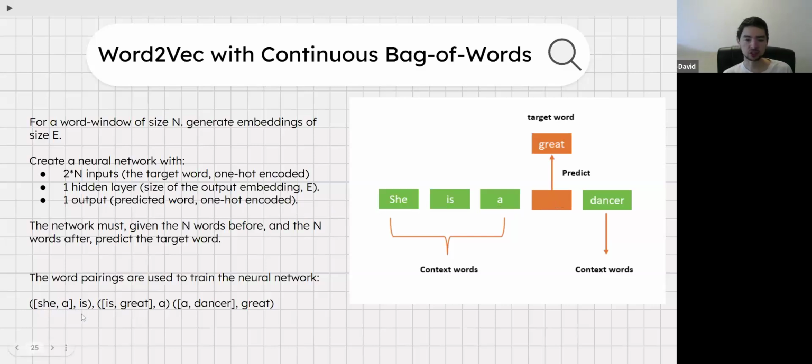In this example, we have a sliding window size of 1. We are predicting the word is based on she and a: she blank a. That's the first example. Then we predict a from is blank great, and we predict the word great from a blank dancer.